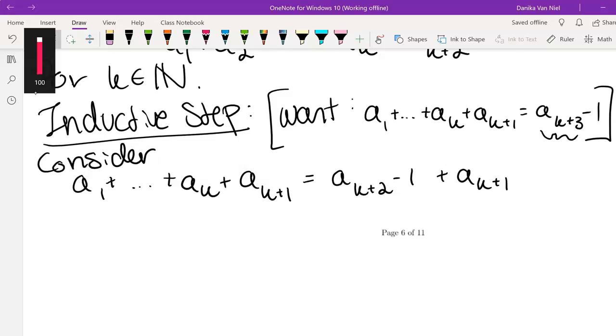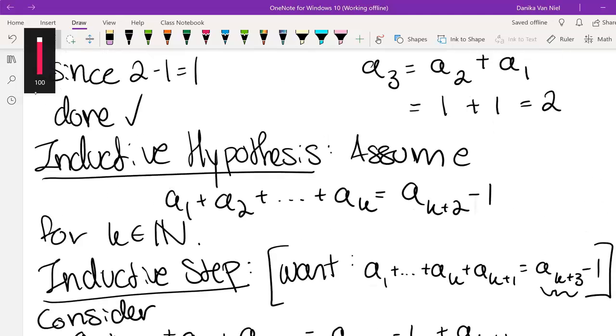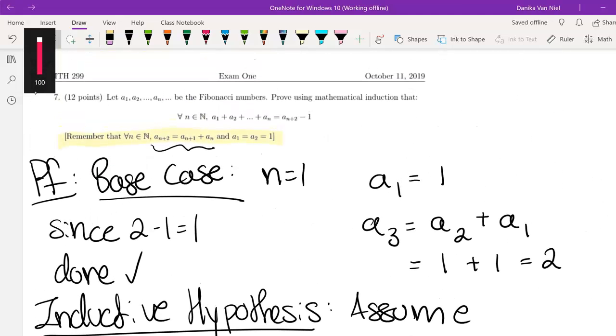What do I know about ak plus 3? Well, not much, but let's look back at our definition of Fibonacci numbers. Any Fibonacci number can be written like this. So we can rewrite our ak plus 3. Who would our n be here? Well, our n would be k plus 1.